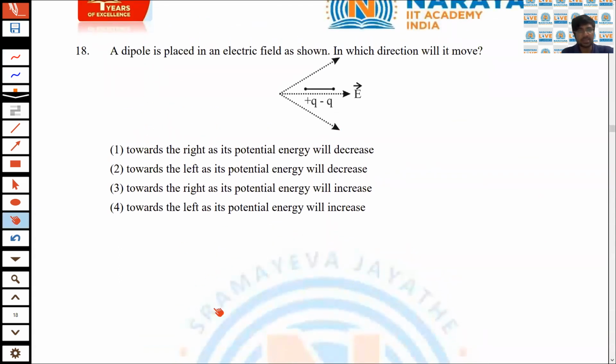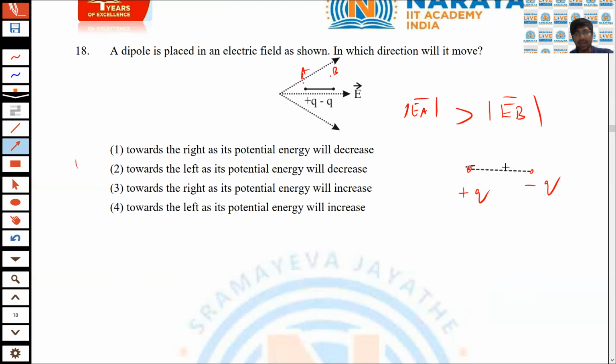A dipole is placed in an electric field as shown. In which direction will this move? Now we can see that the electric field lines are diverging, which means here at point A, the value of electric field is more as compared to the value of electric field at point B, which basically means that in this dipole, the value of force exerted on the plus Q charge is greater than that exerted on the minus Q charge.